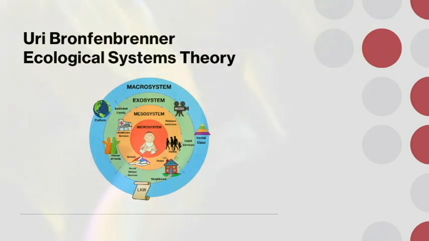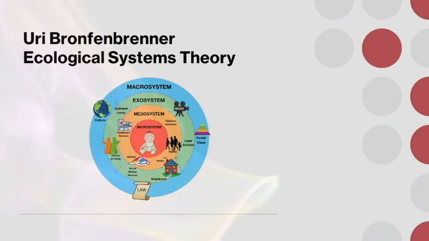Then finally we have Yuri Bronfenbrenner, and he was someone who was born in 1978 in Moscow, Russia. And he's someone that is well known as a developmental psychologist for his ecological systems theory.